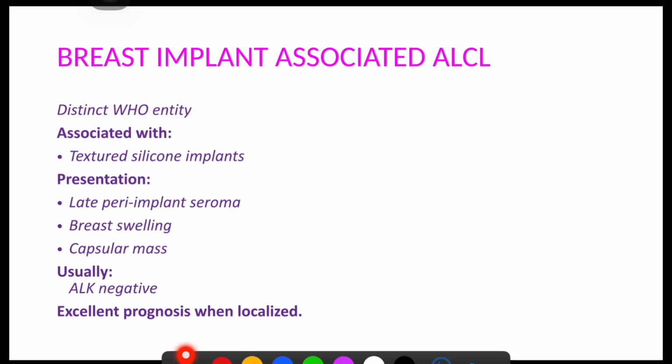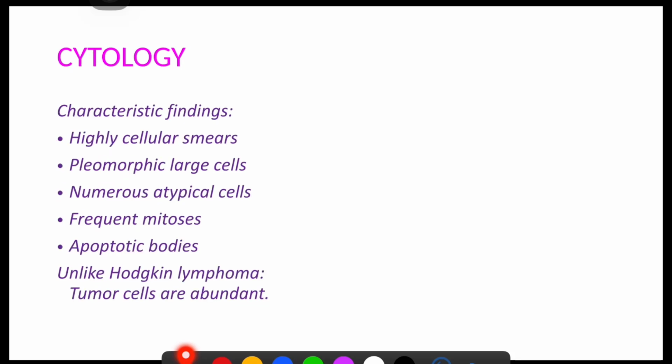Now, breast implant associated ALCL. It is a distinct WHO entity associated with silicone implants, presentation, late peri-implant seroma or as a breast swelling or capsular mass, and it is usually ALK negative, and when it is localized it has an excellent prognosis.